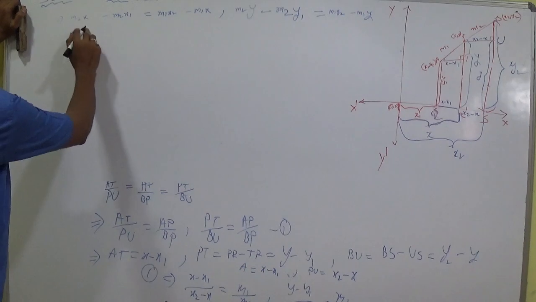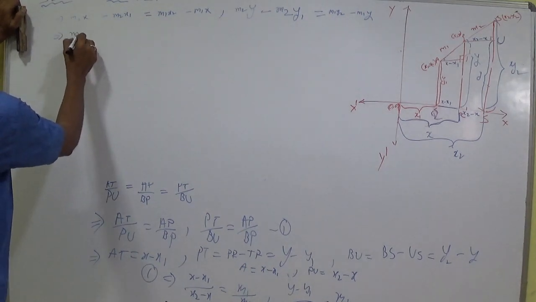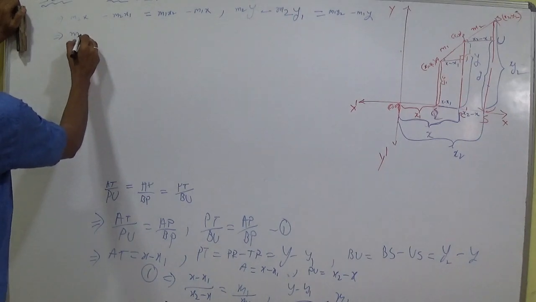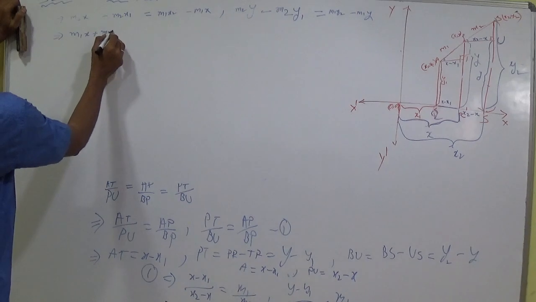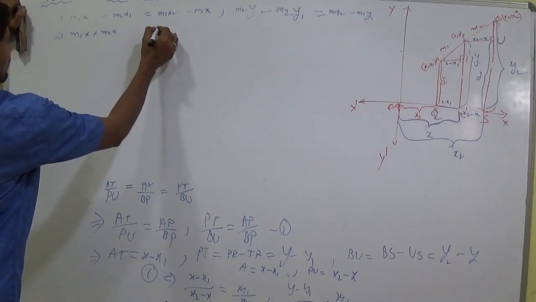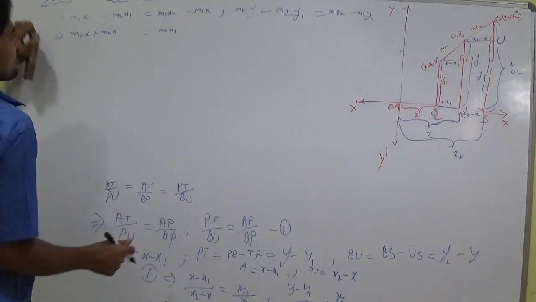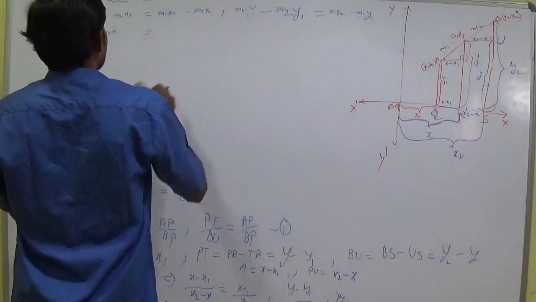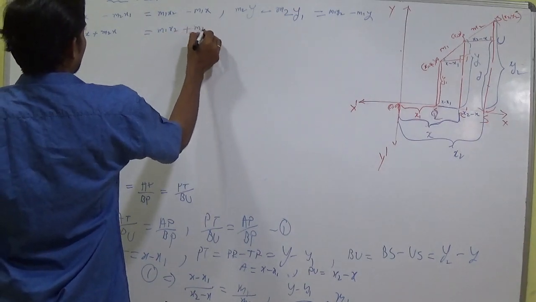So implies m1x plus m2x equal to, m2x1 transfer to that side, m1x2 plus m2x1.